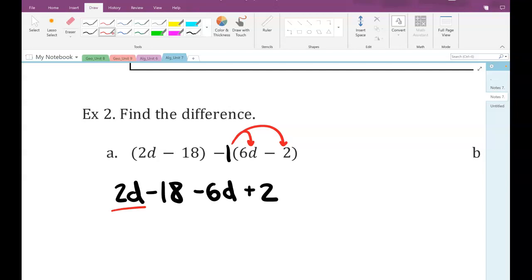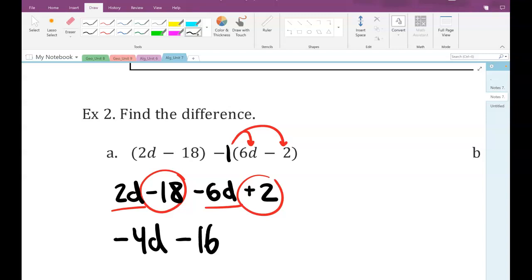And then we combine like terms. Boom and boom. And then these are like terms here. So this will be negative 4d minus 16. So this is a binomial that is first degree, that has a leading coefficient of negative 4.